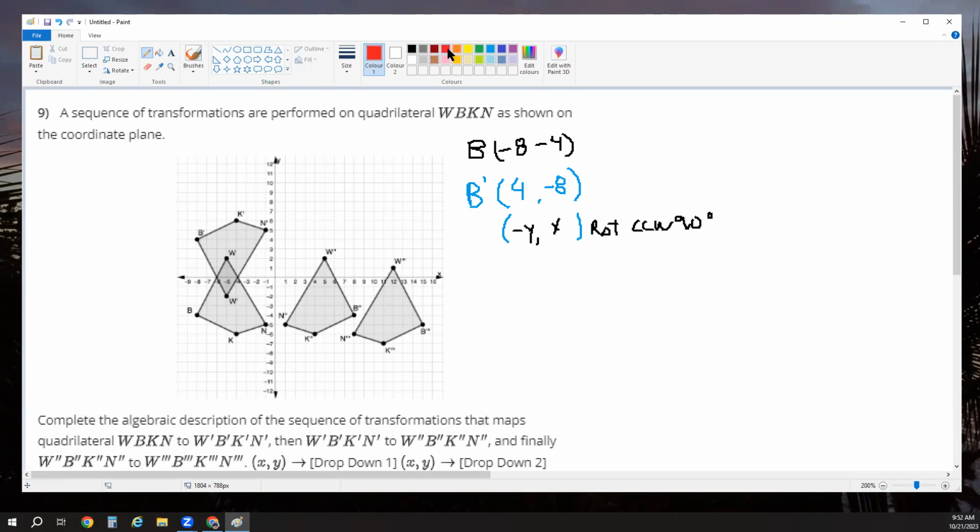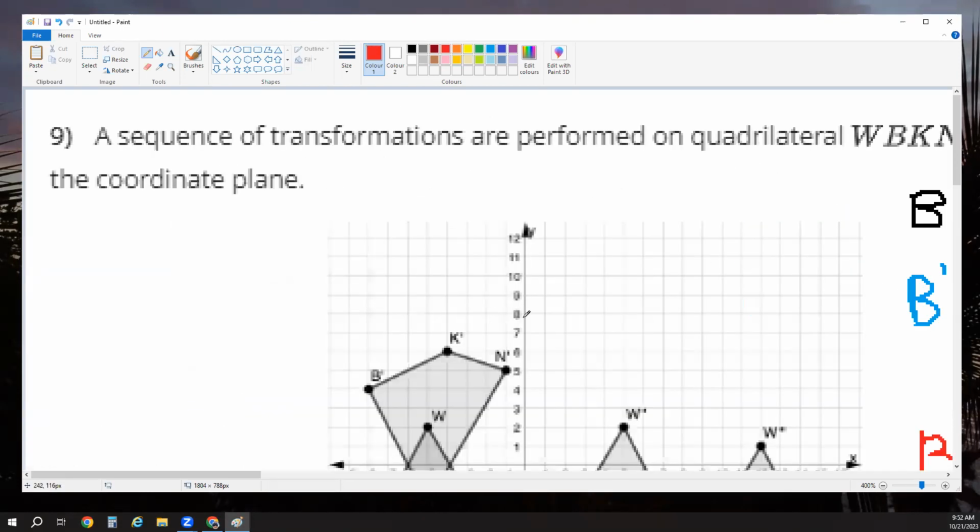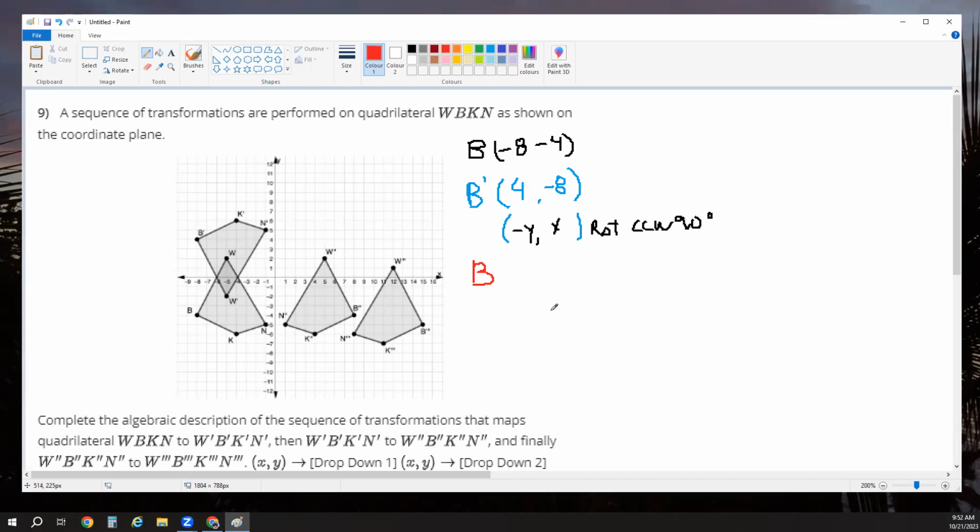Okay, then we're going to go red. Red now is B. Let's see if I can take a look on that. Okay, yeah, so this one is B double prime. It's kind of hard to see on there, but that's B double prime.